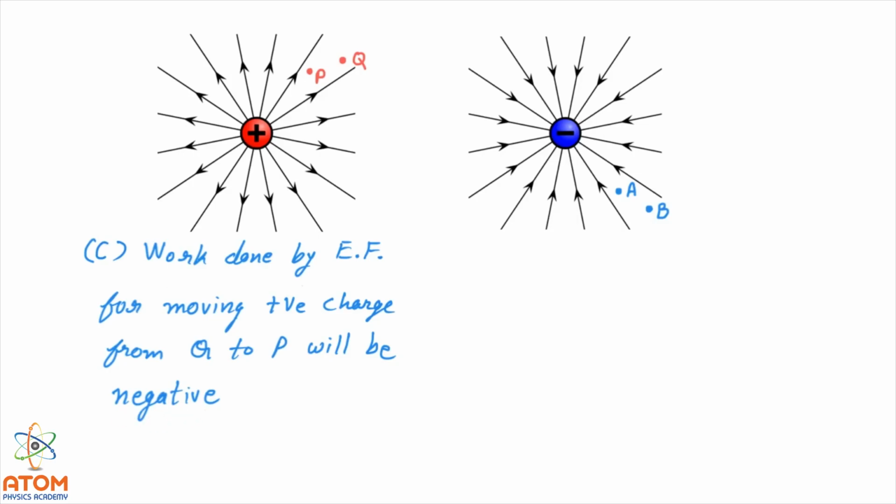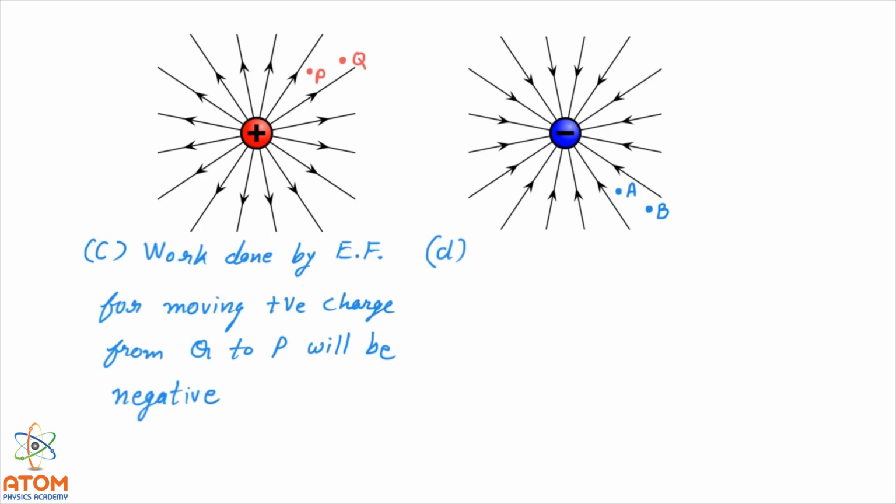Now let us solve question D for the second charge. In this question, we have to move a negative charge from B to A. Now this charge itself is negative and we are moving a negative charge from B to A. That means there will be a repulsive force, and we have to move that negative charge against that repulsive force. So we have to do some work.